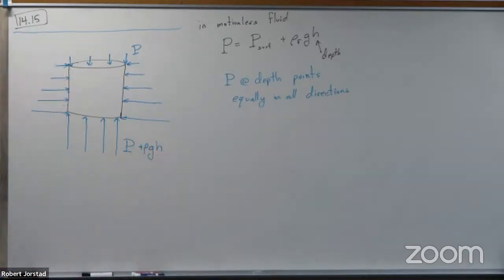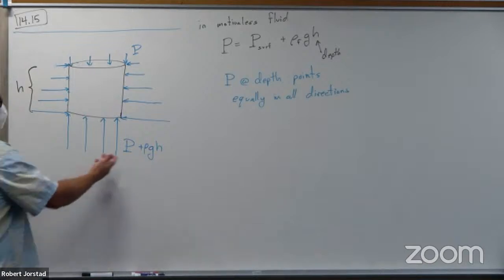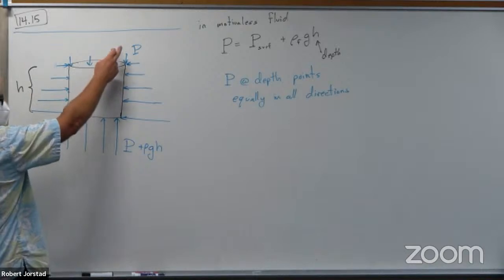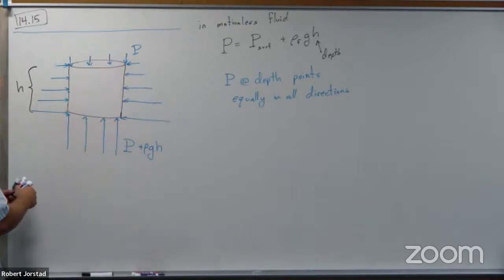Yeah, and do you agree that it's going to depend on the height of the object? So if the height of the object is h, the pressure down here would be whatever pressure you had at the top plus rho gh.